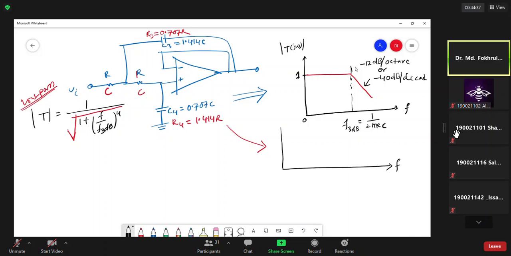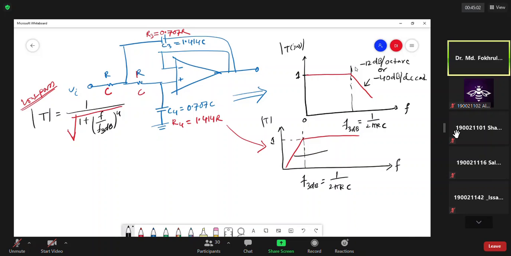If it is T(j omega), then your transfer function will look like this. And the corner frequency or 3 dB frequency, f3 dB, is equal to 1 over twice pi RC, and the magnitude will be 1 here.